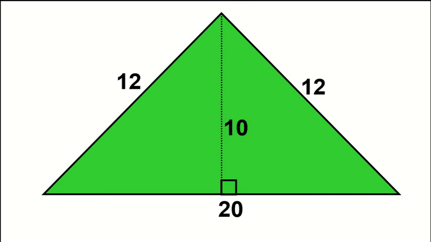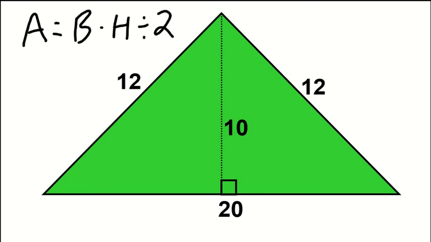Brian? 100 is correct. For a triangle, like we said, that's base times height divided by 2. Right? So which number is my base? 20. Which one's the height? 10. So we got 20 times 10.